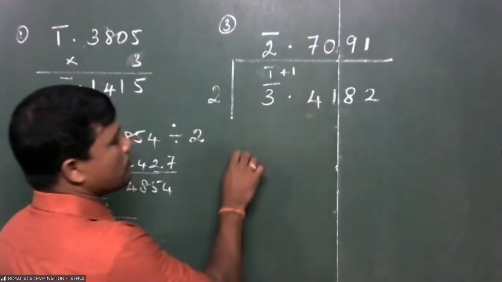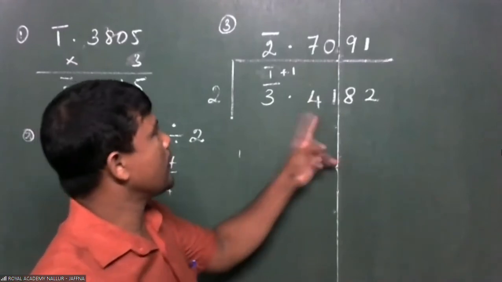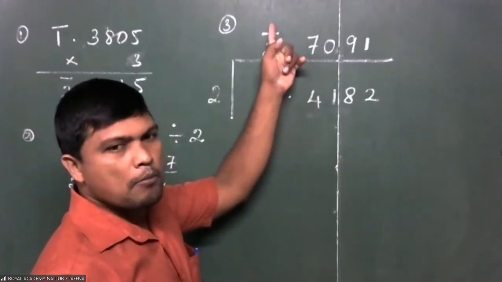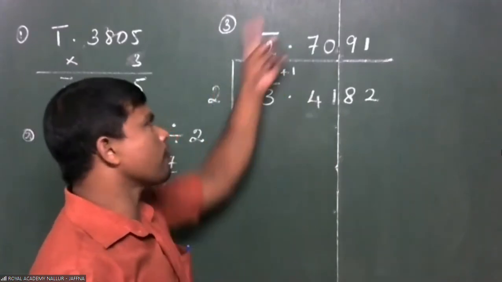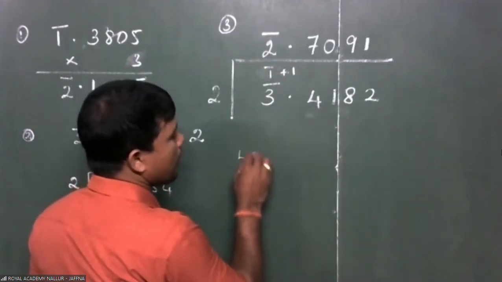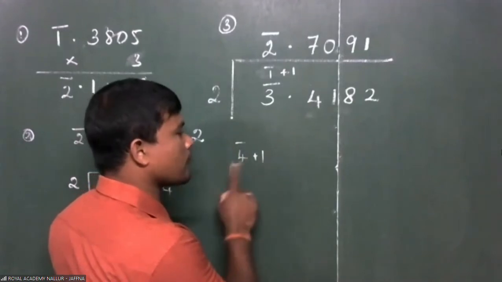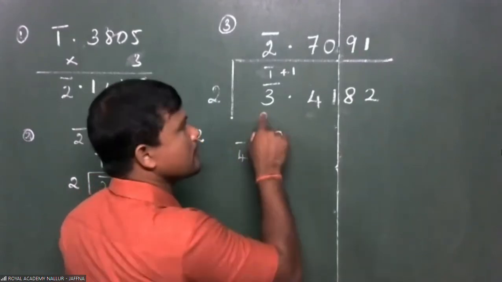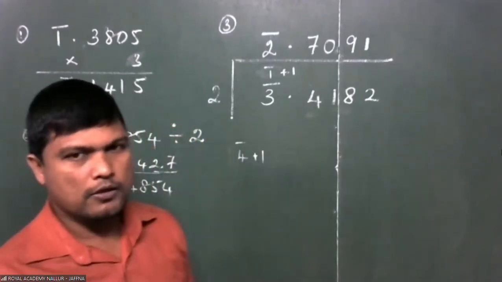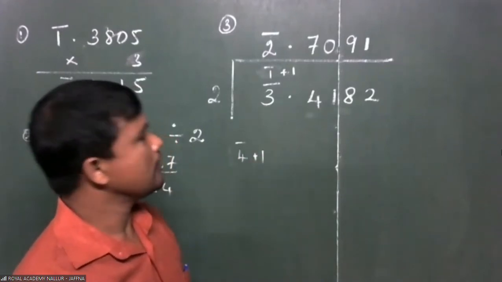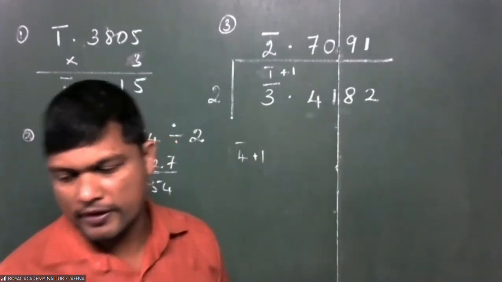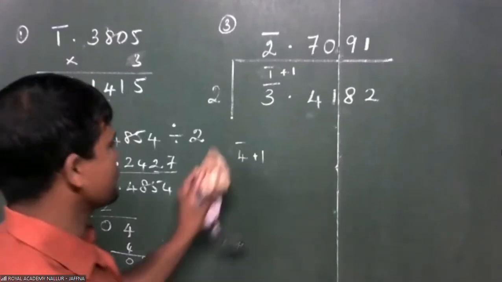That one is plus 1. 2 into bar 2 is bar 4. Bar 4 plus 1. Here bar 4 plus 1 is minus 3. Minus 3 in logarithm is bar 3. So the answer is bar 3 here. Okay, this is a way of dividing.